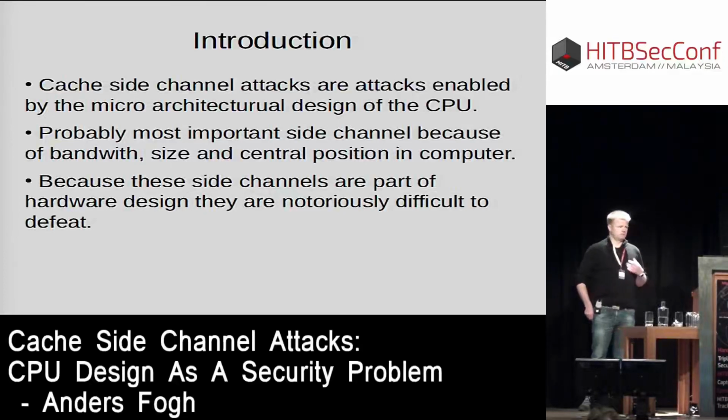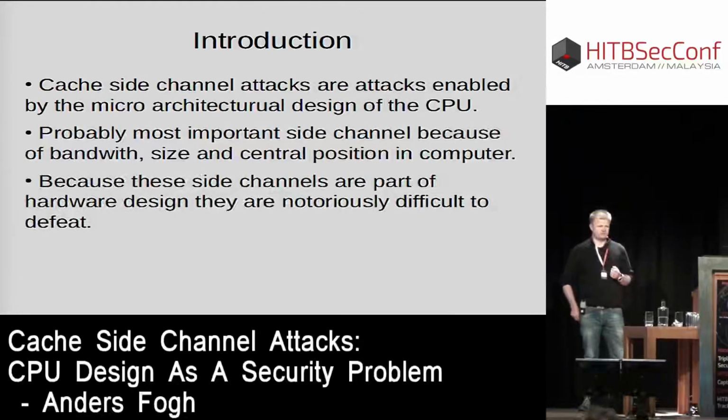Because side channels are part of hardware design, they're notoriously difficult to defeat. I don't see any chances that Intel will be sending me a new CPU anytime soon, at least not without paying for it. And it is possible that this could be fixed in microcode. I actually don't think it can, but it's possible.